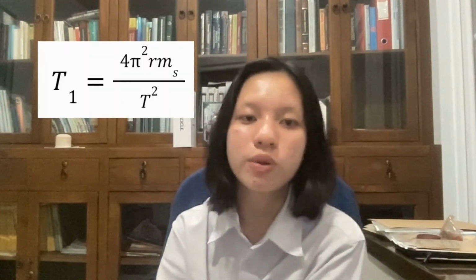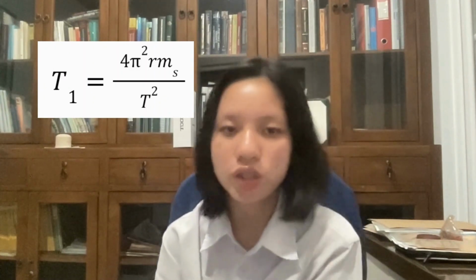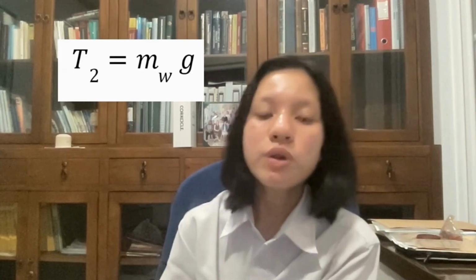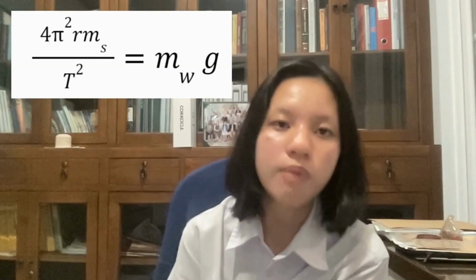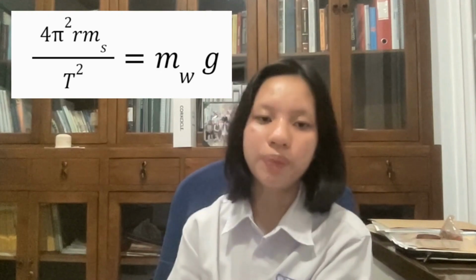You can therefore find the value of gravitational acceleration using the formula T1 equals 4π² times r times mass of the stopper divided by the period squared, and T2 is equal to the mass of the weights times gravity, where T1 is equal to T2. After that, we can substitute the formula, which is 4π² times r times mass of the stopper divided by T squared, or period squared, is equal to the mass of the weights times gravity.